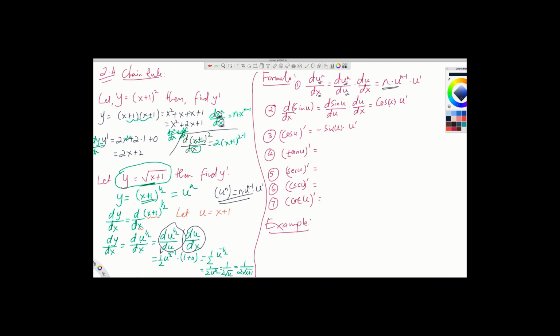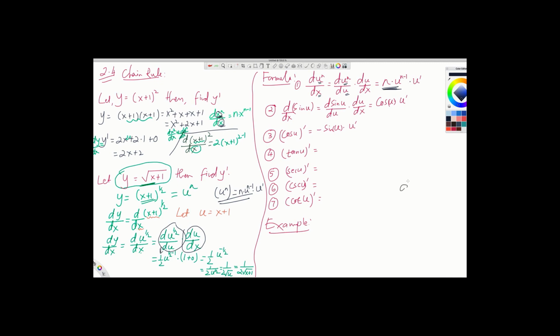If the base does not match, then you use the power rule times the extra thing, which is u prime. Don't forget that.